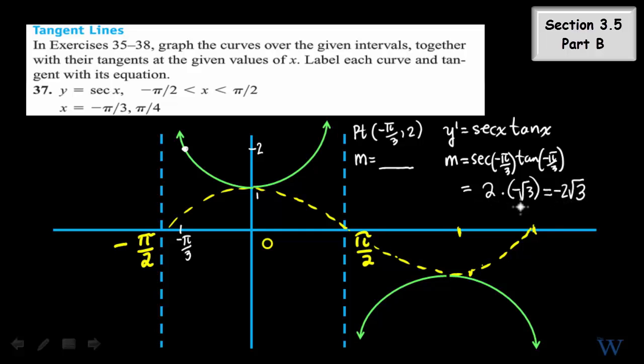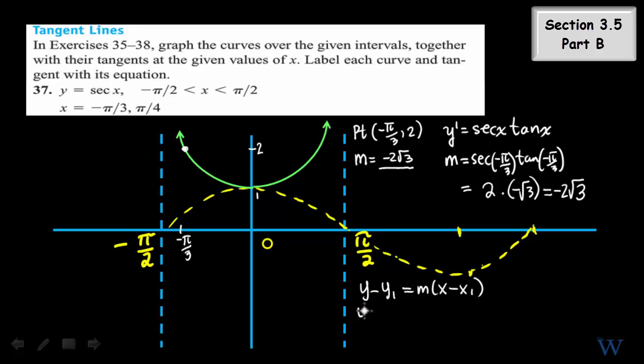So are we ready to plug into our slope-point form? I think so, because we've got the point and we've got the slope, minus 2 square root of 3. So what is the equation of the line? Why don't we put it right here? Let me just remove this part of the secant, and then we can put y minus y1 is equal to m times x minus x sub 1.